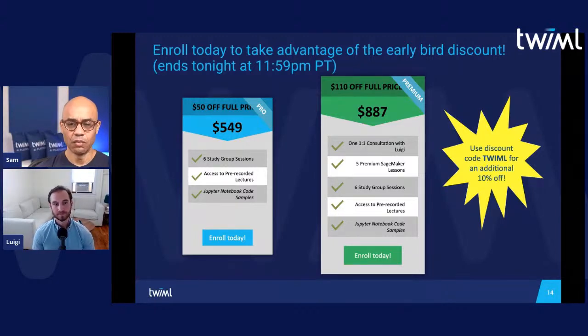Great. And we've polled and surveyed extensively folks that have gone through our study groups, and in particular, folks that have gone through our paid course offerings, of which this is, to be clear, the second one that we're launching.